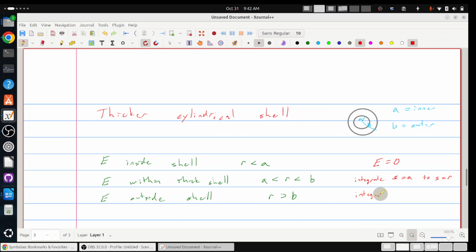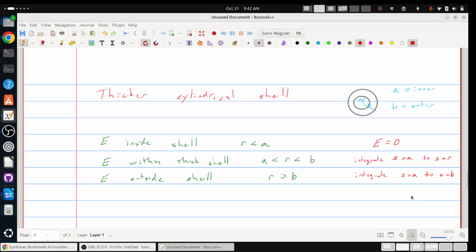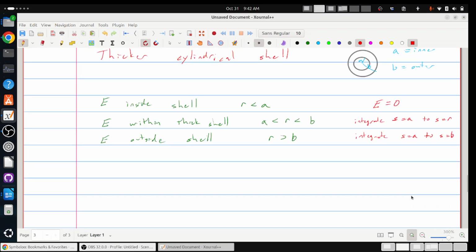And here we integrate from s equals A to s equals B. And similar to the solid cylinder case, we're integrating over a d tau, which is going to have a rho, which could vary with respect to s, an s ds d phi dz.